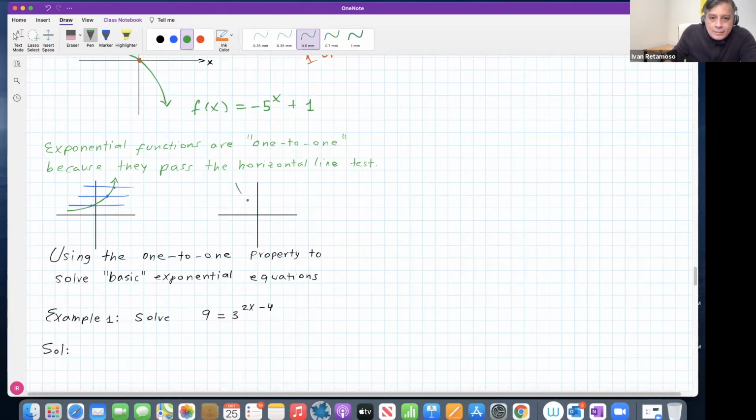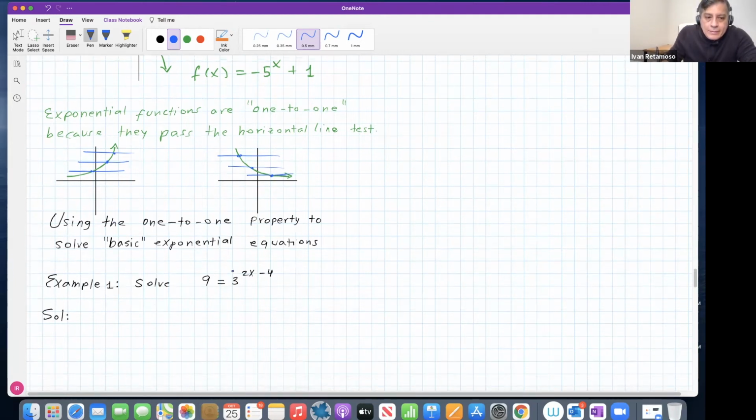Now, if your exponential function comes in this form, it's still one-to-one because no matter what horizontal line you draw, you will meet your graph only once, right? Once. All right, so it's a one-to-one function, exponential function. So now this can be used to solve very basic exponential equations. I will show you how.